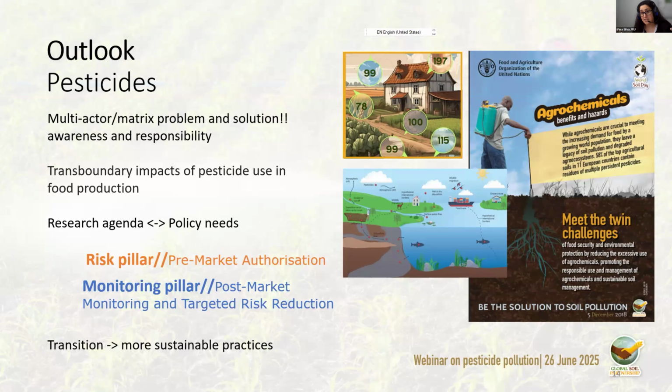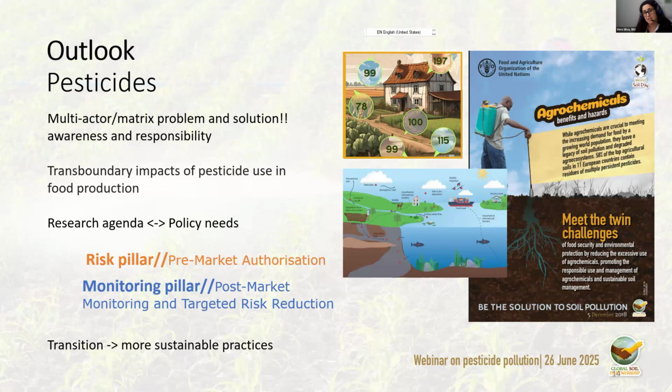Also, because this brings the scale, so we start by using pesticides sometimes in our houses, in our fields, in our community, but also because there are transboundary movements and impacts of this pesticide production system. So it's important that this is acknowledged in research agenda, policy recommendations, policy needs in terms of what is approved in the market, but also to make sure that we go back to check if our measures are indeed being effective.